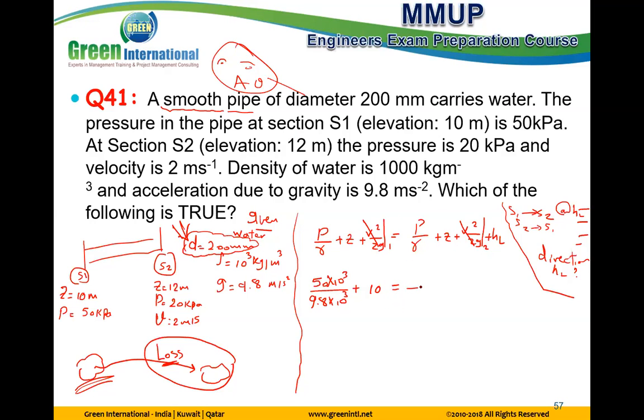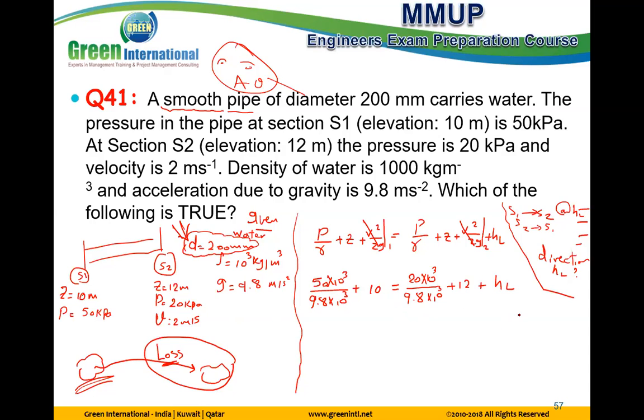Equal to the other side, which is 20 kilopascal times 10 to the power 3, divided by 9.8 times 10 to the power 3, plus 12, plus H losses.